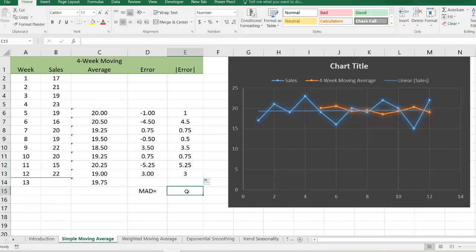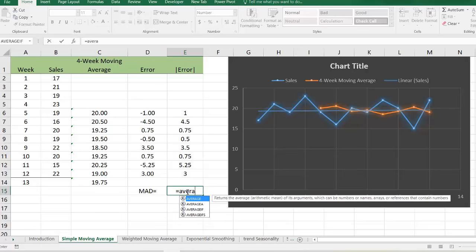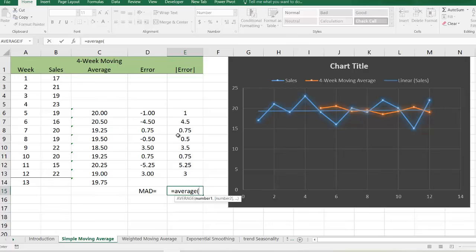And the mean absolute deviation is simply the average of the absolute deviations. So the MAD for this set of data is 2.41.